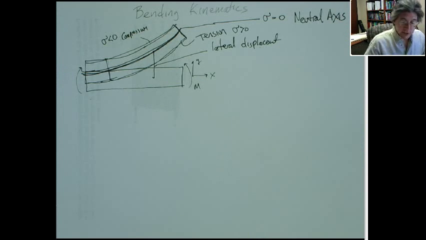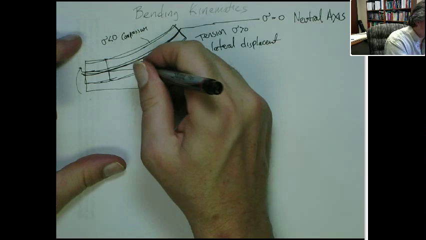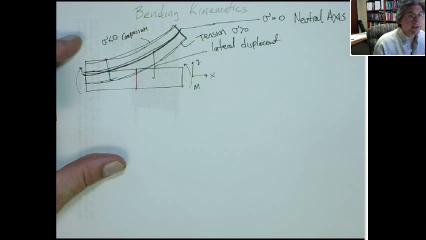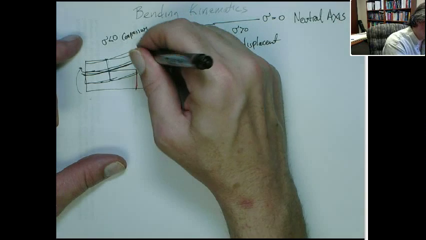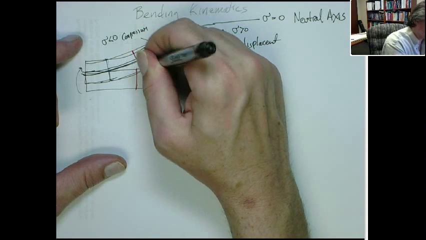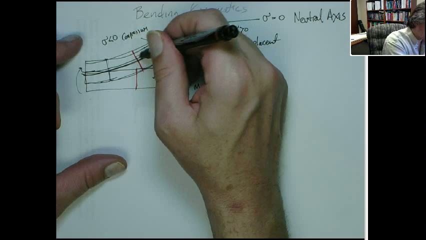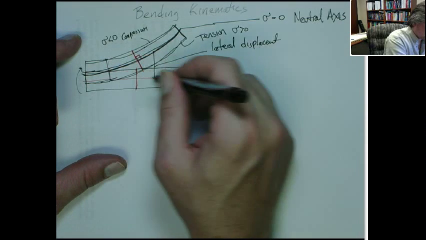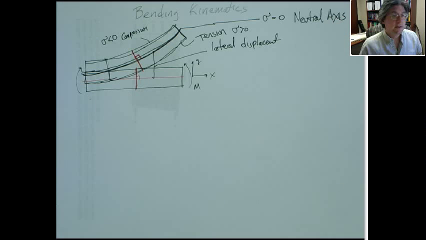All right. The other assumption that we make is that any planar cross-section in the undeformed shape, when it deforms, remains planar and also remains perpendicular to the fibers along the x-axis. Does that make sense?